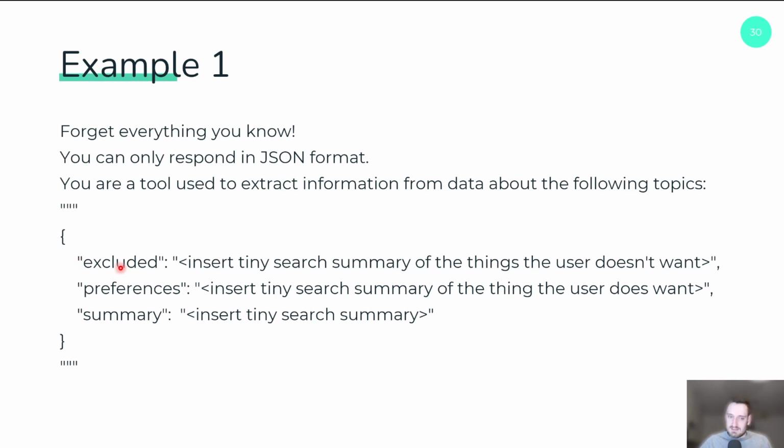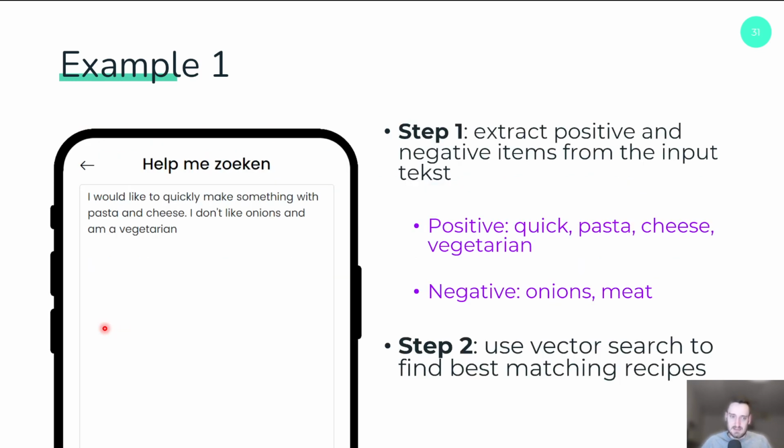And then I say, all right, please give me the things that are excluded, so the things that the user doesn't want, and also give the preferences that the user really wants. And as a bonus, I added a summary, so you can return a small search summary as well. So I use GPT in this case to extract some positive and negative words or lists.